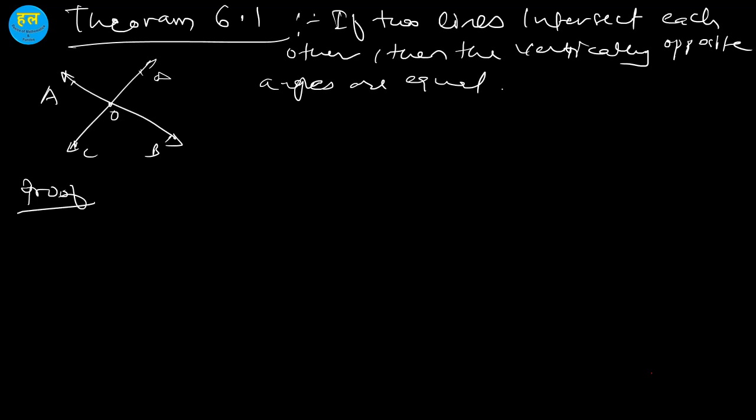For the proof, we know that the two lines intersect each other, so let us assume AB and CD are the two lines intersecting at a point O. So what we are getting here is two pairs. The first one is this and the second one is this.